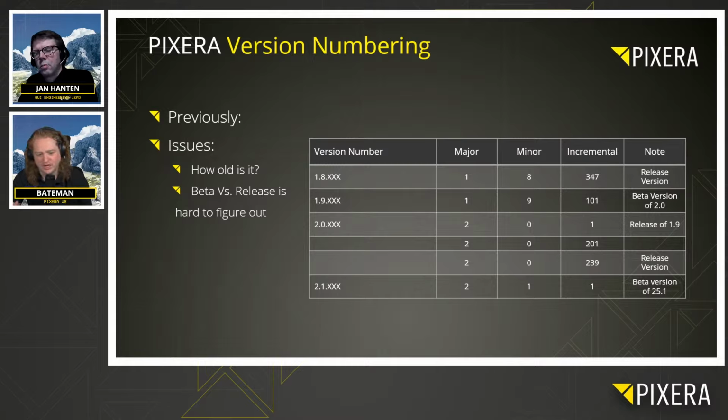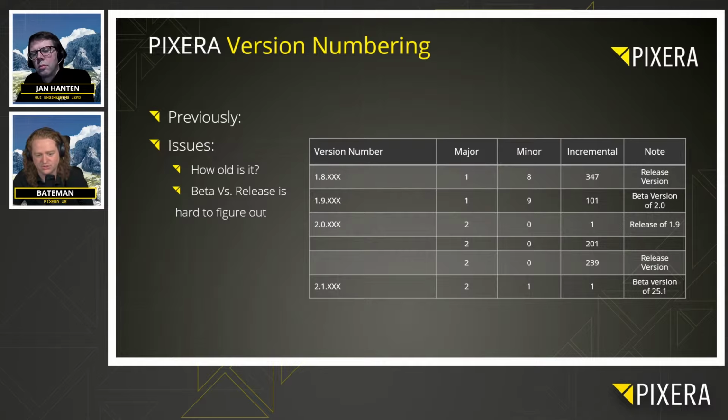We also had an interesting numbering system where odd numbered versions were internal releases and even numbered versions were external releases, and it made it hard to decipher what was an internal, what was an external, who was supposed to get what, what was public, what was gold.